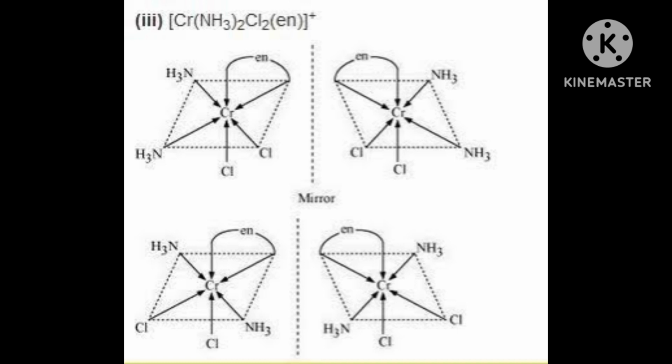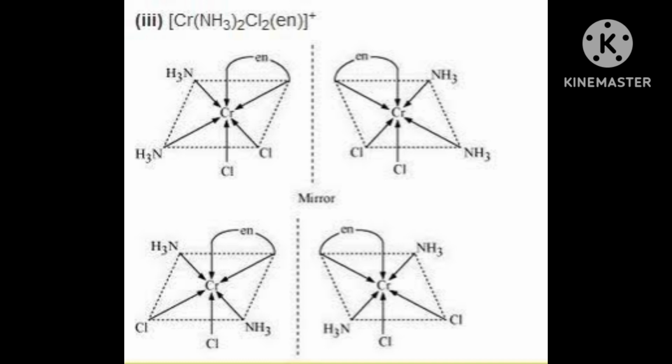Here is an example I am telling you: optical isomers D and L of Co(en)3. En means ethane-1,2-diamine.